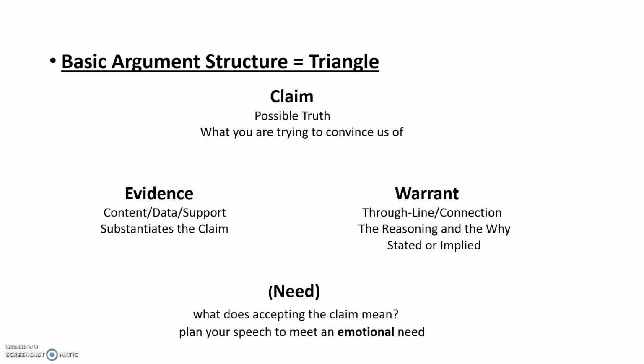Okay? If you have a weak or implied warrant, you can't guarantee, well, you can never guarantee, but you're not going to be able to make your audience necessarily believe what you believe, or think what you think, or side with you, side the way you are siding.